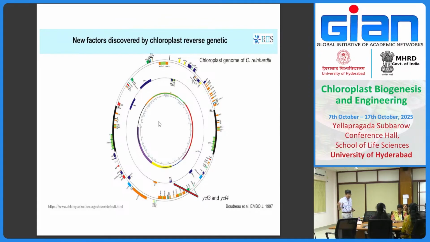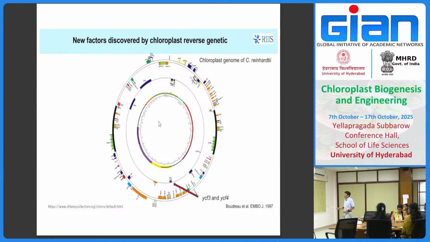But in most cases, the PS1-deficient mutant is usually a translation mutant, okay, or a transcription mutant, or some mutant lacking one of the important components of PS1. So it was difficult to isolate the mutant deficient in assembly.